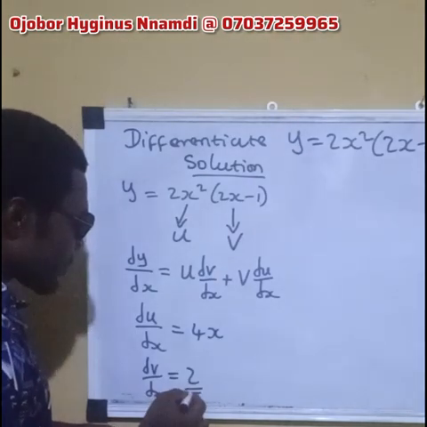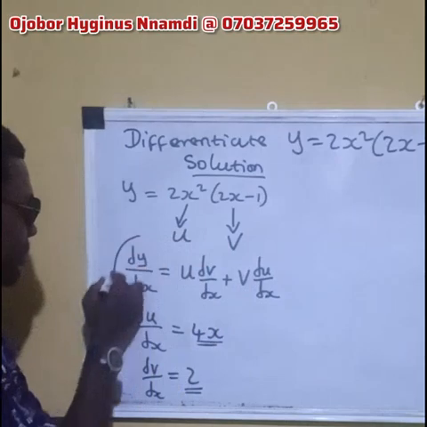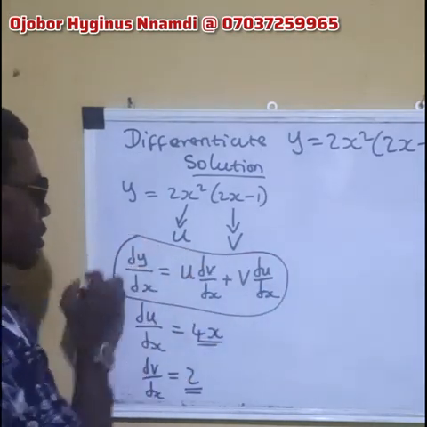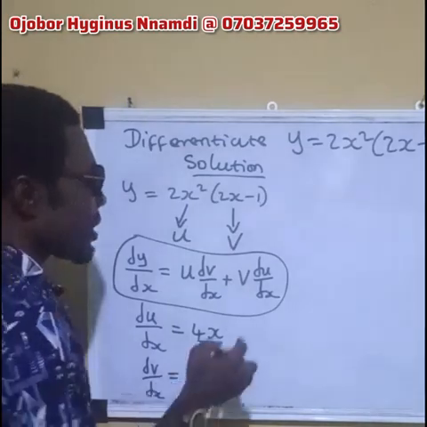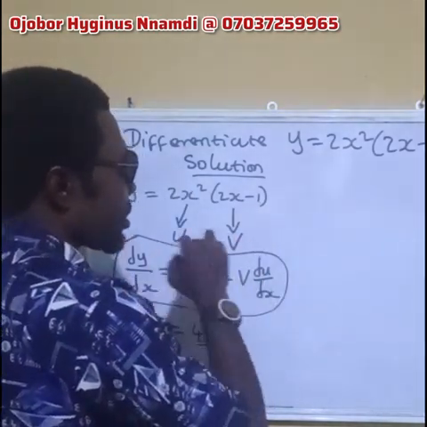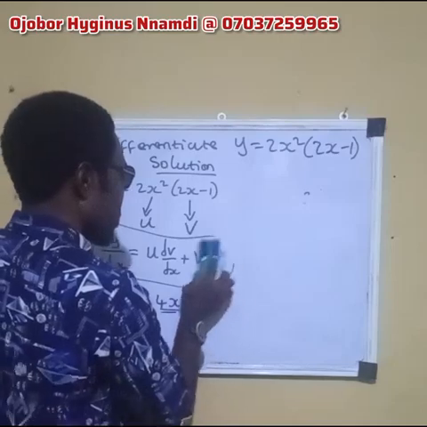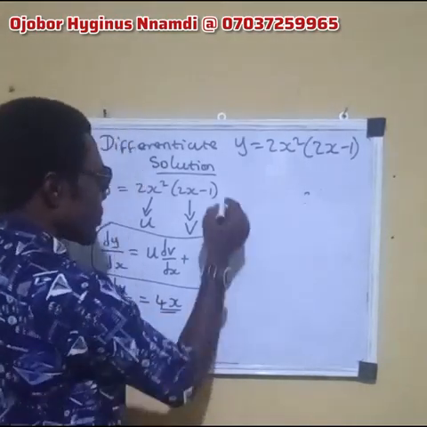So we have gotten dv over dx, we have gotten du over dx, and we have u and v. So we can actually substitute in this equation to get our dy over dx, which is the differential of y equals 2x squared bracket 2x minus 1. Sorry, my board is small, so let me just expand it.